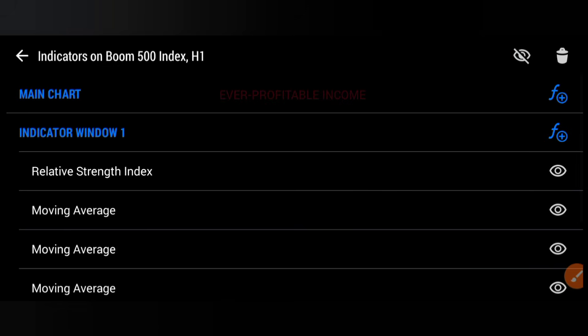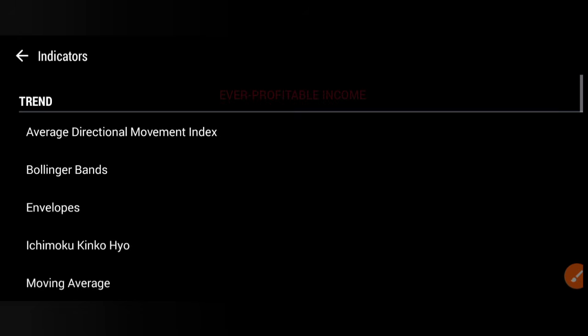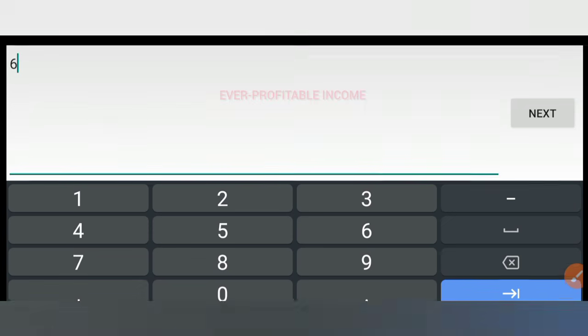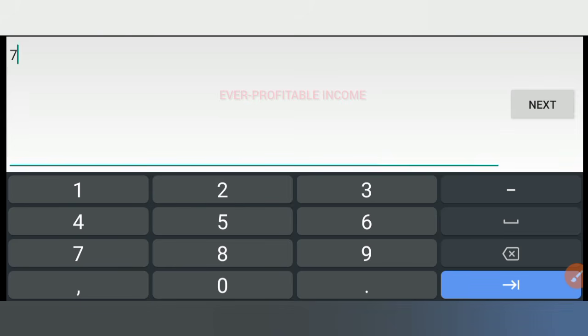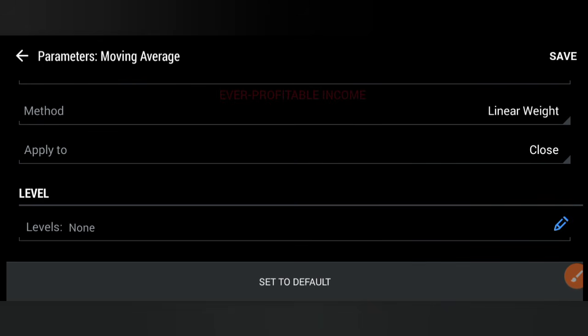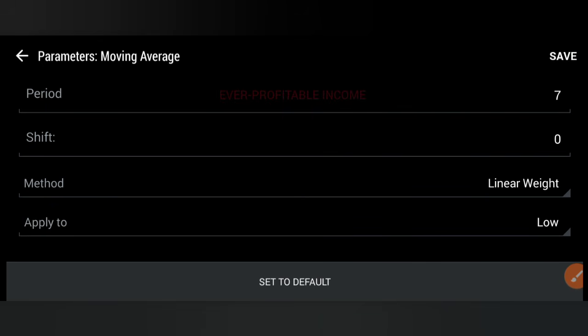Then add the 7th moving average. Okay, the 7th moving average, as we have here, shift is 0 and the method is linear weight. So 6, 7, 8, 9, 10 are linear weights, while 1 to 5 are exponential.